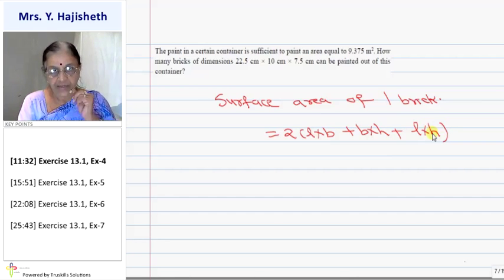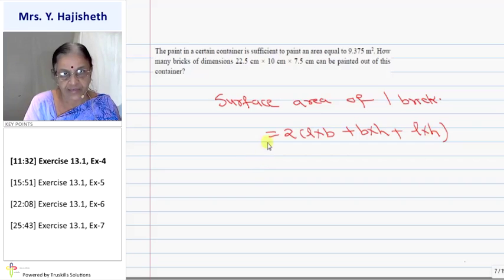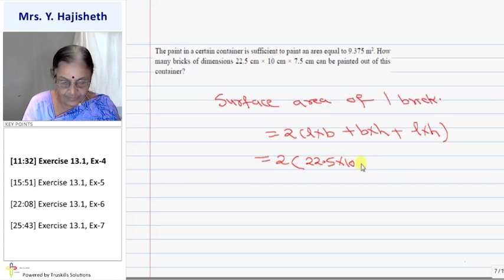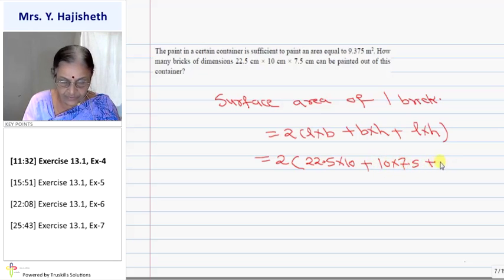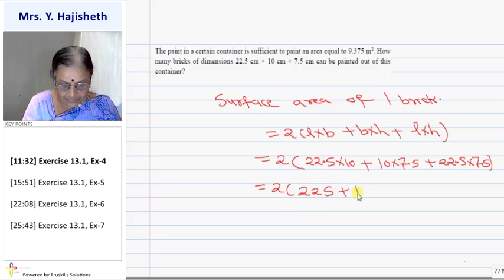They are given in centimeter, so our answer will come in centimeter square. 2 times 22.5 into 10 plus 10 into 7.5 plus 22.5 into 7.5. I put the value. If you do the calculation, it is 2 into 225 plus, multiplying, 168.75 plus 75.